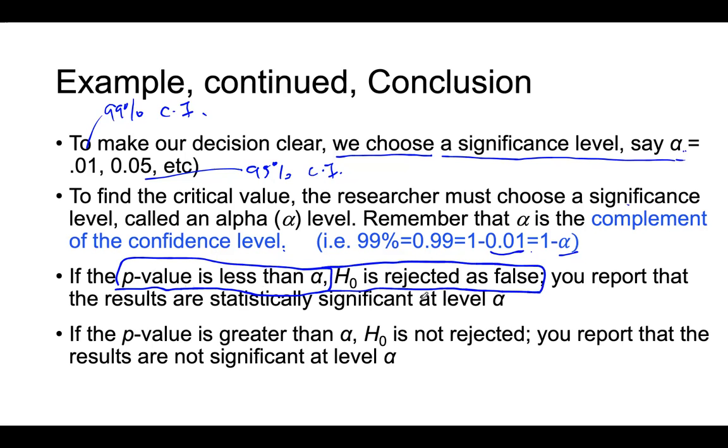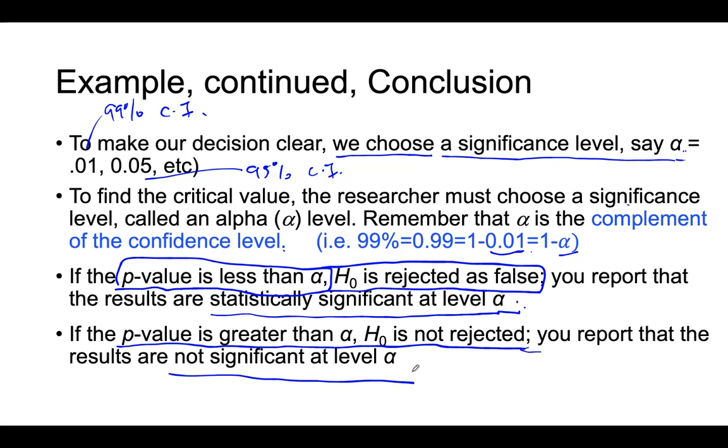So we reject that null hypothesis, and you report that your results are statistically significant at this level, whatever that level is. If the p-value is greater than alpha, the null hypothesis is not rejected, and you report that the results are not significant at alpha.